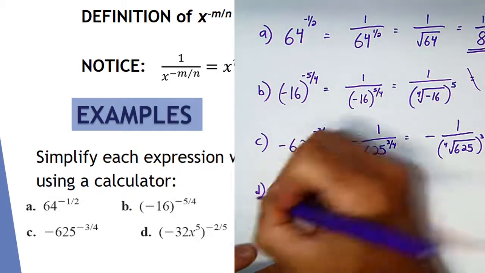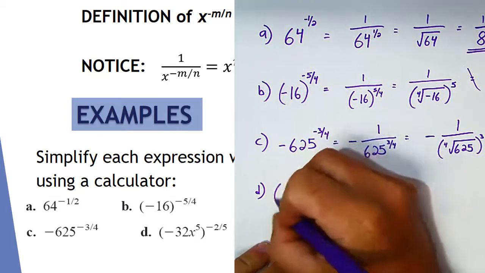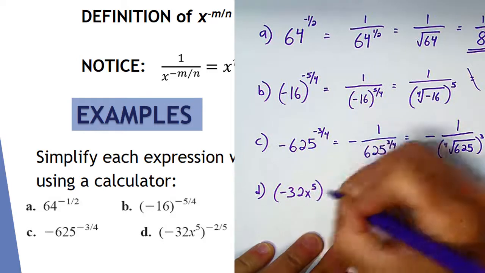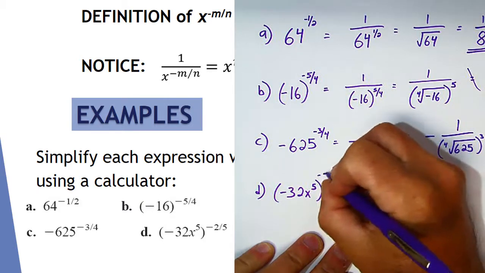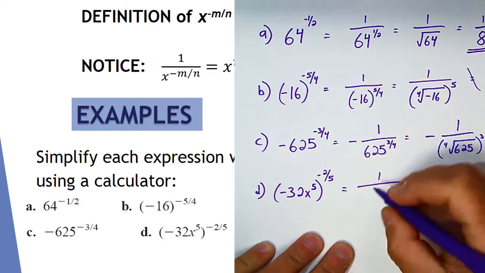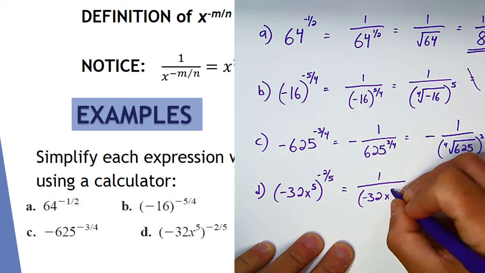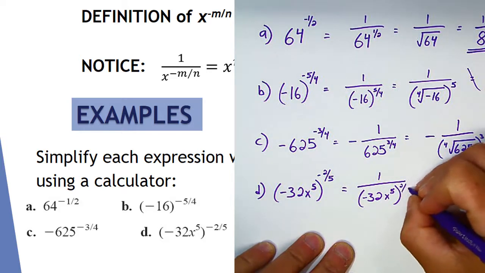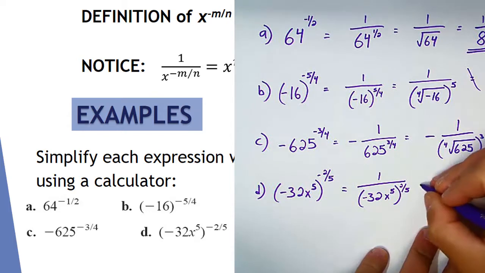Let's do one more together, and I'll give you the last one for practice. We have negative 32x to the 5th. We have a variable here, and that's all raised to the negative 2/5 power. Well, that's the same as 1 over negative 32x to the 5th to the positive 2/5 power, since we've moved it to the denominator.